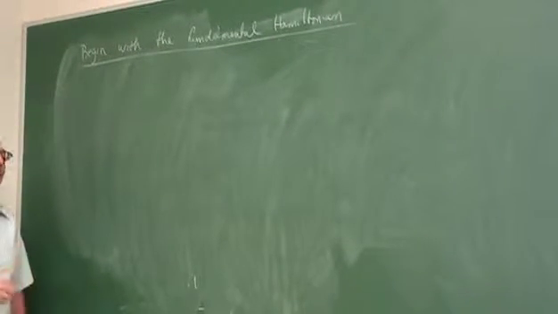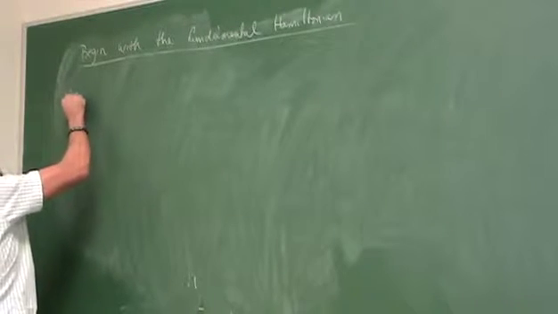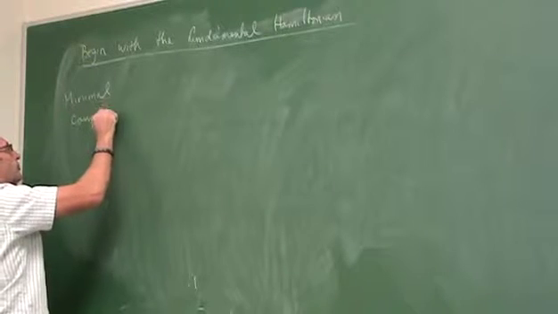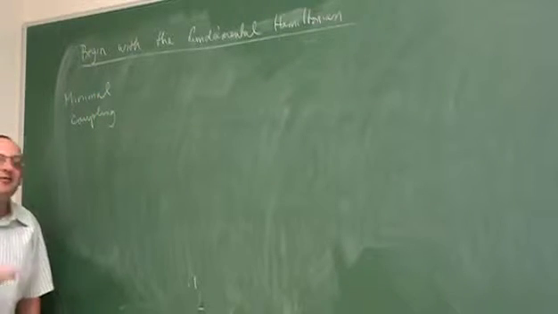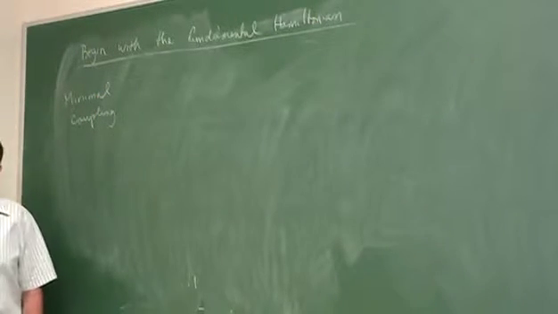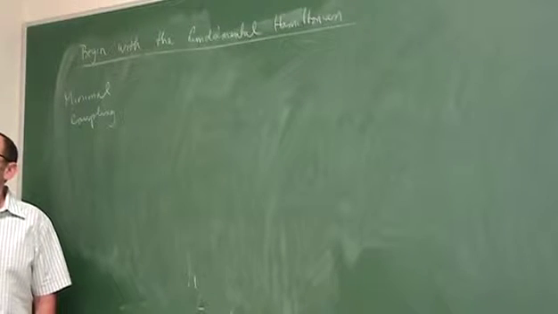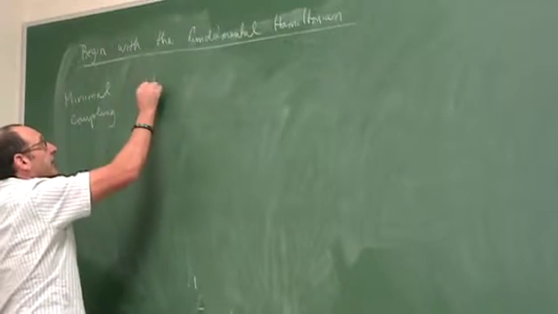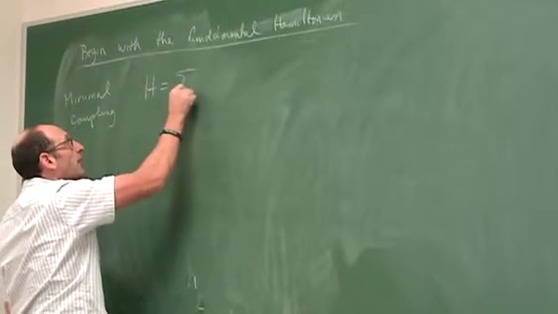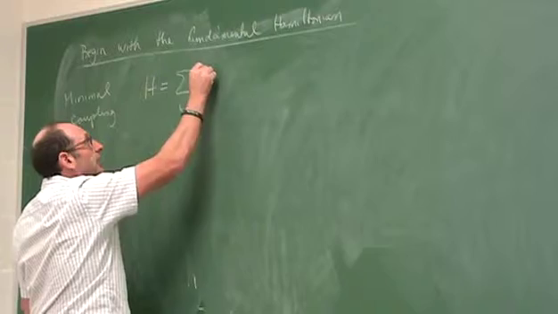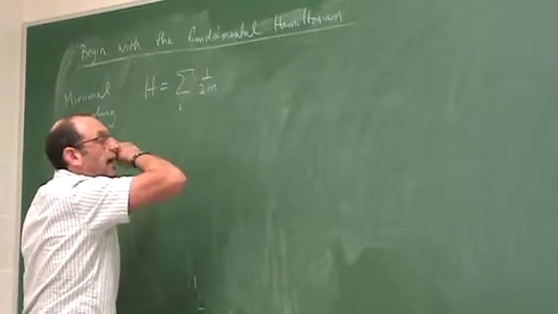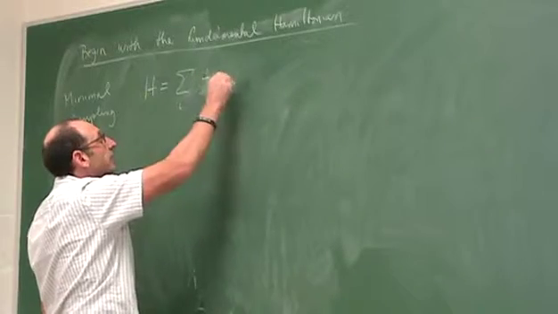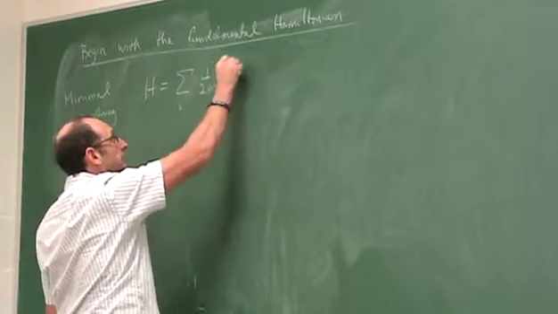Well, what's often called the minimal coupling Hamiltonian, which one can derive from a fundamental Lagrangian for charges interacting with electromagnetic fields, would say the Hamiltonian would be the following. Have the sum over all the particles, the kinetic energy depends on the canonical momentum and the vector potential.